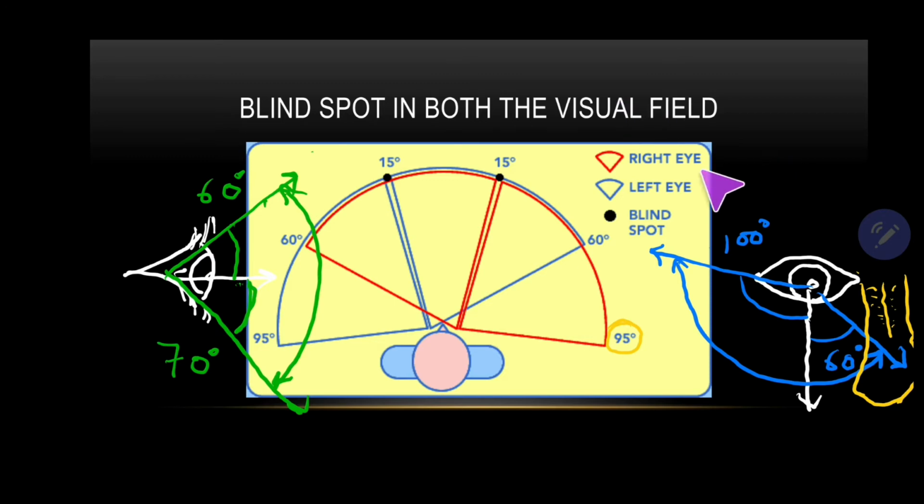Got it? And what is binocular vision? Now look here, binocular vision is this vision. The overlapping of the two visual fields makes this binocular vision. Because of this overlapping, you have a much clearer image. While in animals, they have very little binocular overlapping of the visual fields, because both eyes are placed laterally.